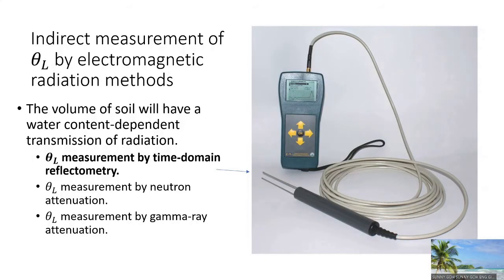Okay, so that is an indirect measurement of volumetric water content theta L by the electromagnetic radiation method. Indirect measurement basically means we are not measuring it directly.